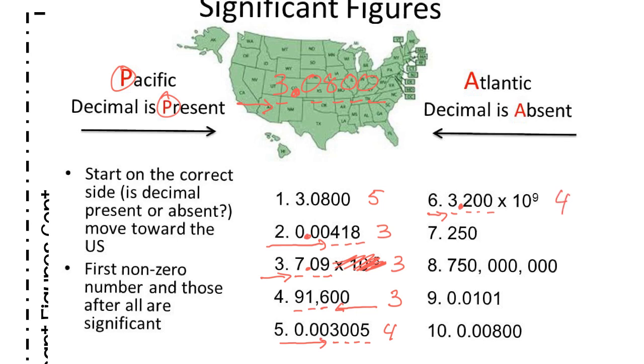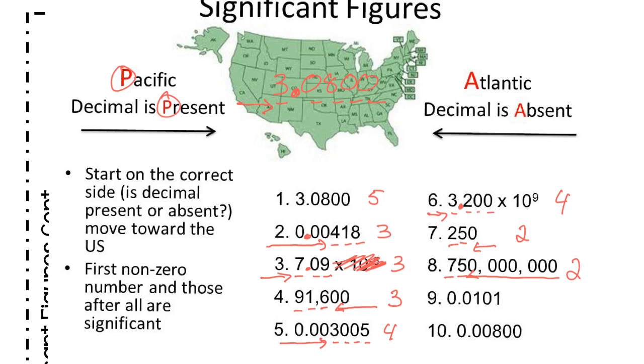Number 7, decimal absent or present? It's absent, so I'm going to start from this side. First non-zero number. 1, 2. Count till I run out. Here's another number. Decimal absent or present? It's absent. So I'm going to go all the way over to here. First non-zero number is 5. So 1, 2. Number 9, decimal absent or present?